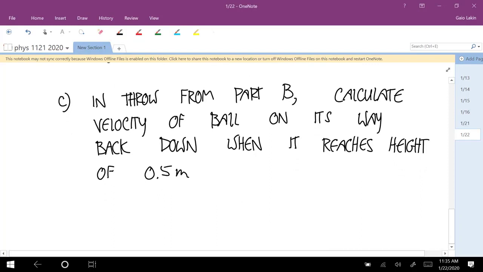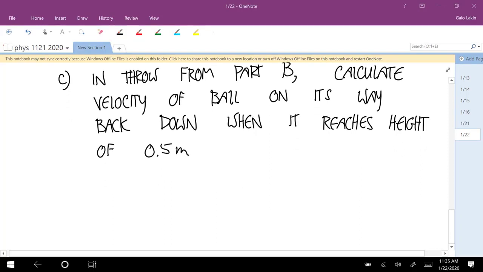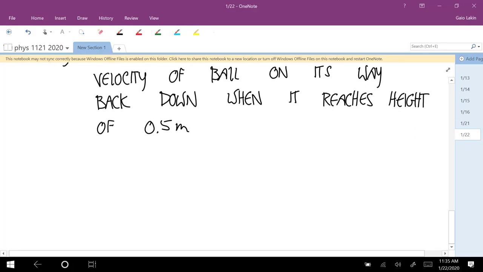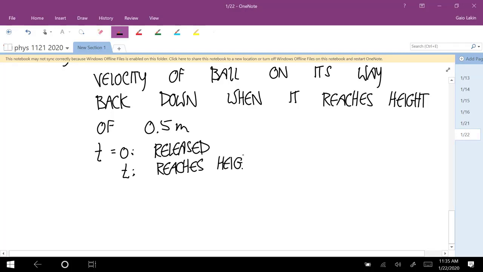This one, it's pretty much the same, but for this one, I just want to point out something that's always true in projectile motion. So our time equals 0 is going to be when it's released. Our time t is going to be when, on the way back down, it reaches the height of 0.5 meters.